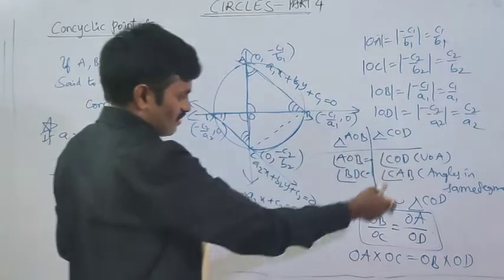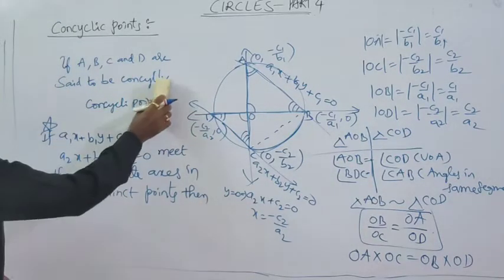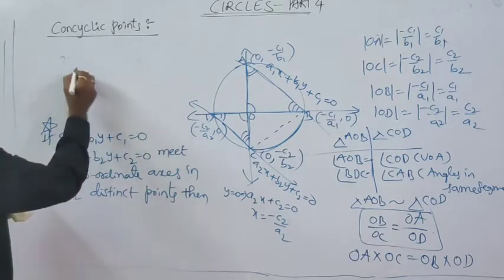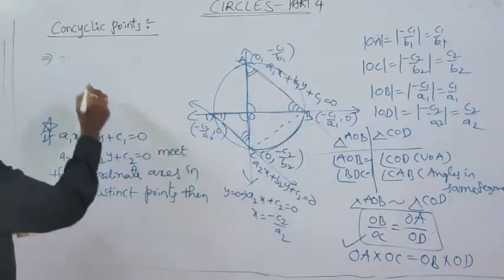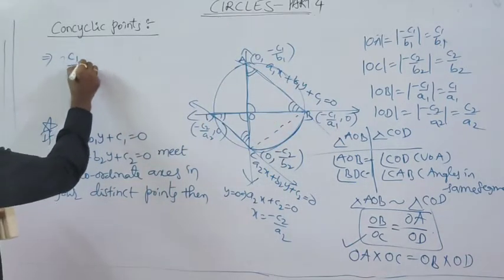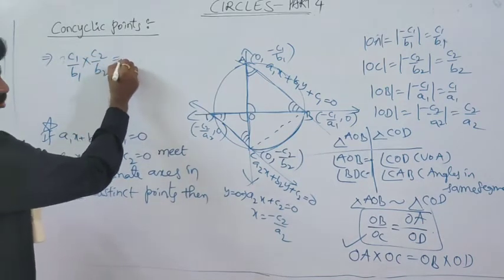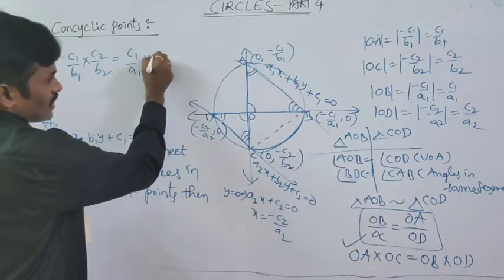Now if you substitute these values in this relation, we get the answer. See, now I am substituting. OA value c1 by b1 into OC c2 by b2 is equal to OB c1 by a1 into OD c2 by a2.